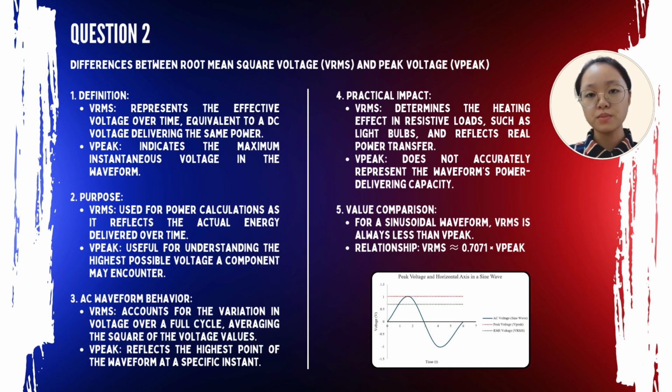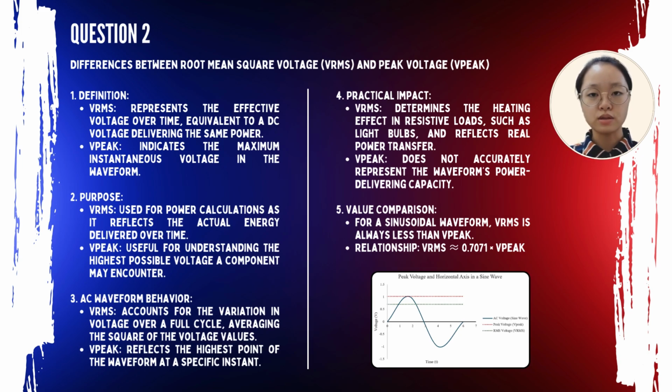Third, when it comes to waveform behavior, RMS voltage takes into account the entire voltage cycle by averaging the squared values, while peak voltage only focuses on the highest point in the waveform. In practical terms, RMS voltage is more significant as it determines the heating effect in resistive loads, such as light bulbs, and reflects real power transfer, while peak voltage does not provide information about the power delivering capacity of the waveform.